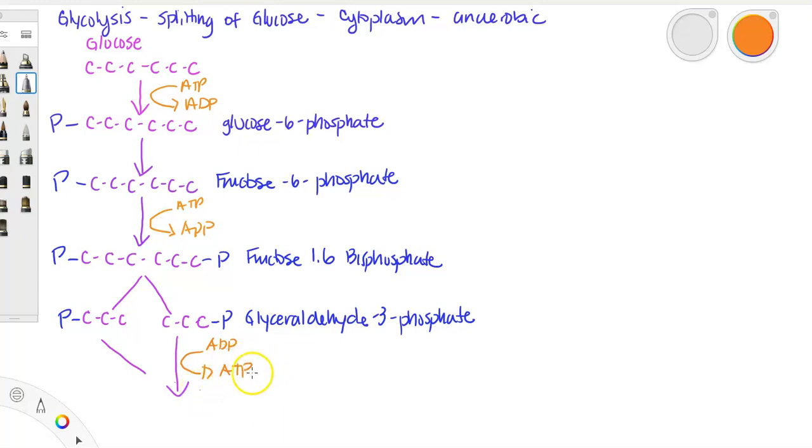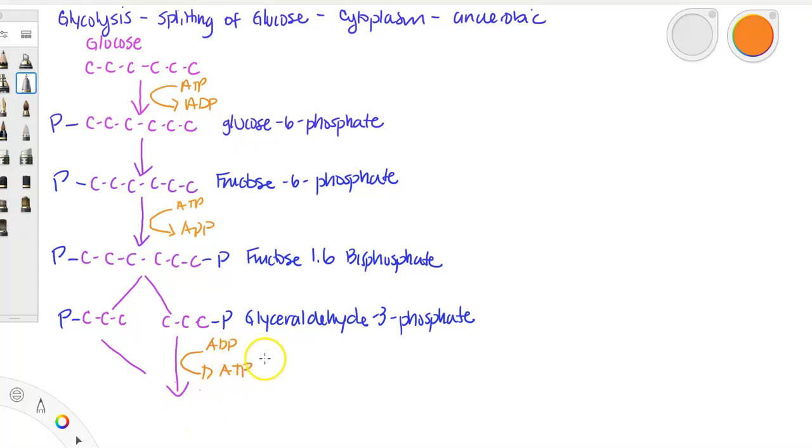Okay, so ADP to ATP. And this is basically through something called substrate phosphorylation, which is basically you're just taking the phosphate and sticking it on the adenosine diphosphate and getting adenosine triphosphate.